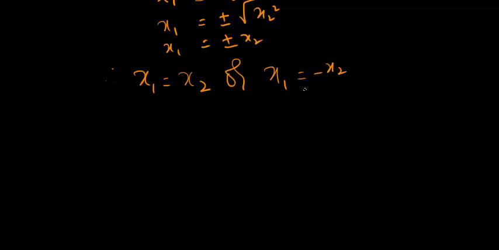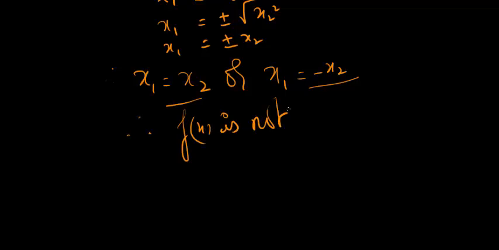So I've now gone ahead and proved that x1 is equal to x2 or x1 is equal to minus x2. This is where we understand that the function is not a 1-1 function, because it's either equal to x2 or another value which is minus x2. Therefore f of x is not 1-1.